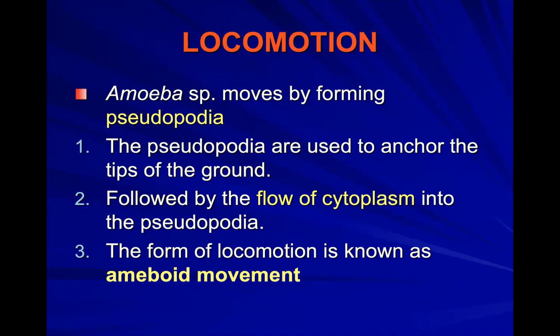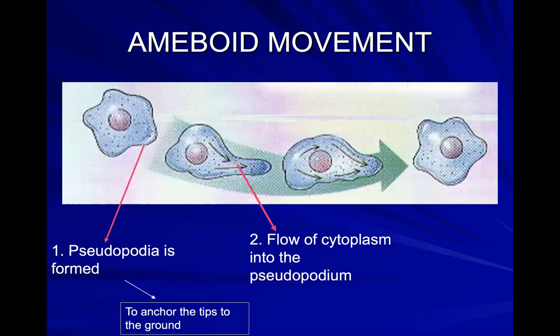You see here, pseudopodia are used to anchor the tips to the ground, followed by the flow of cytoplasm into pseudopodia, and this form of locomotion is known as amoeboid movement. This is the structure showing you how amoeba moves.